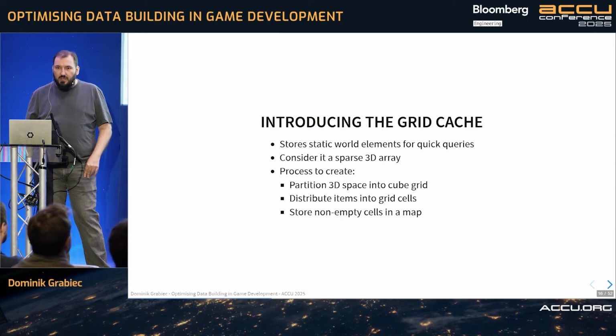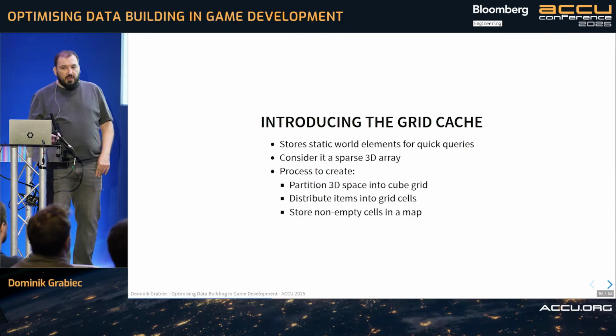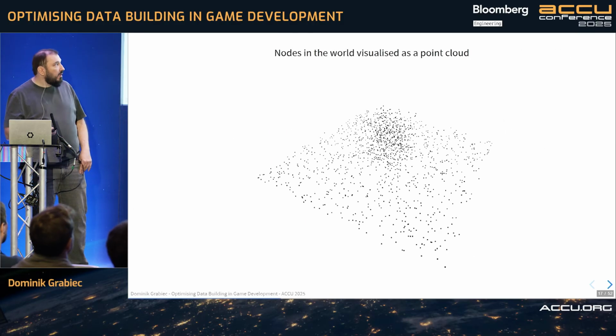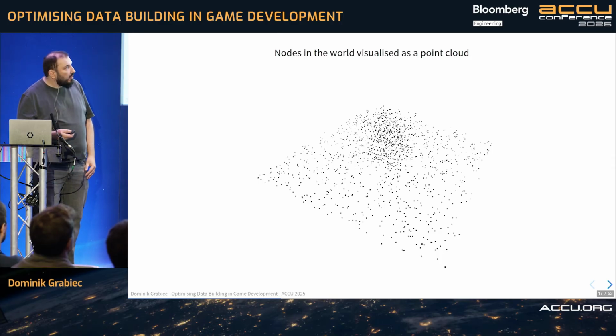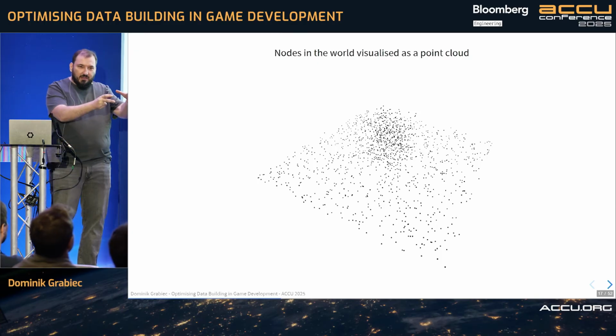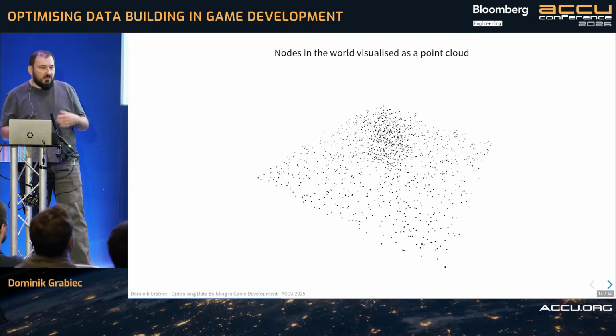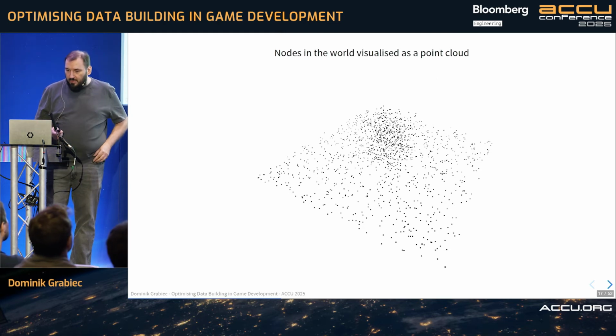You can think of it as a sparse 3D array. Imagine the map of nodes: it's a flat plane with a big square of nodes in the center, so it mimics a city-based map.